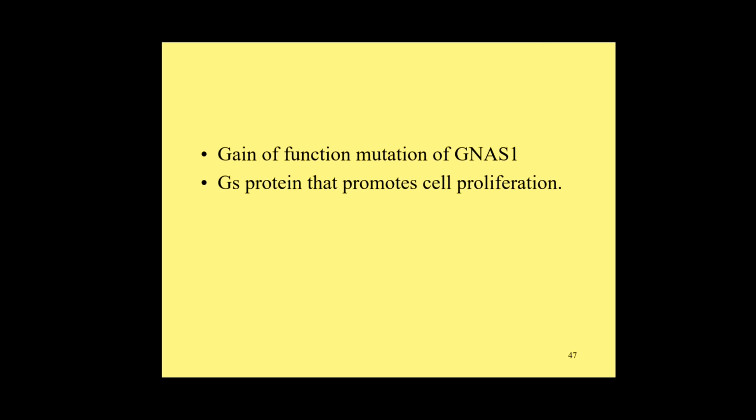The pathogenesis here is the result of a gain of function mutation during development of the GNAS1 gene. This GNAS1 gene is responsible for the production of active Gs protein. This Gs protein promotes cellular proliferation.